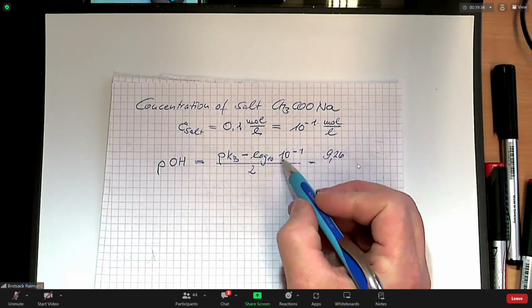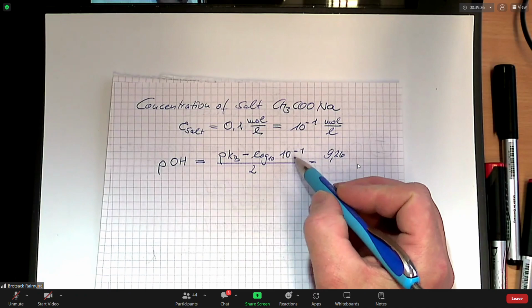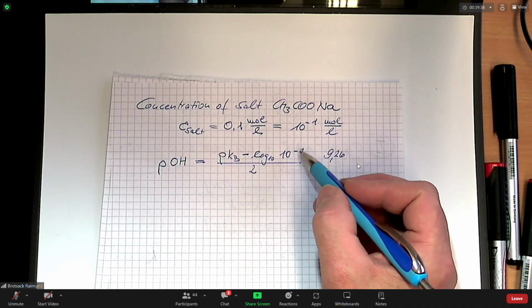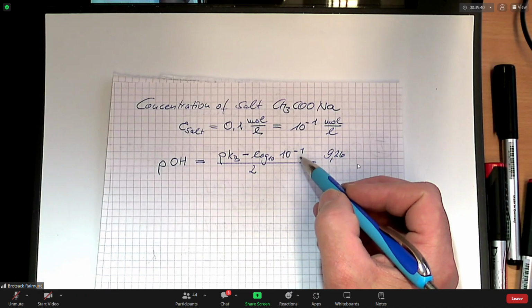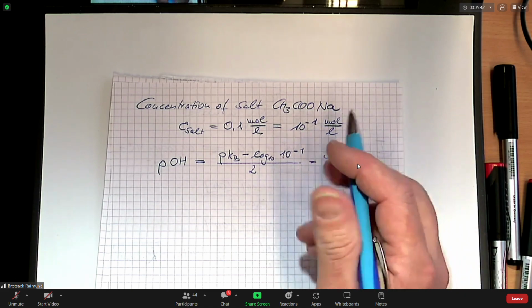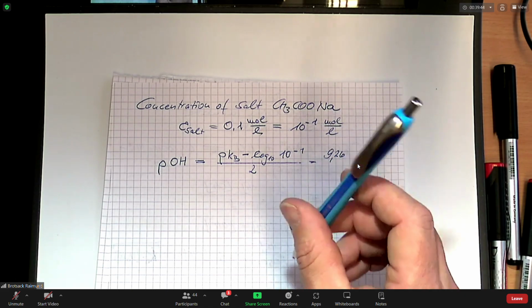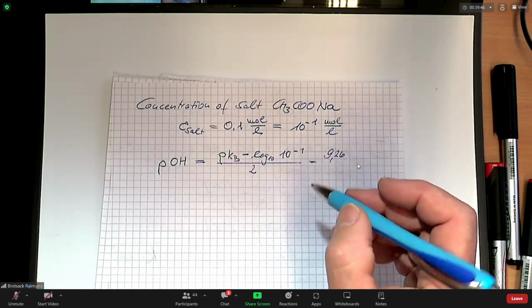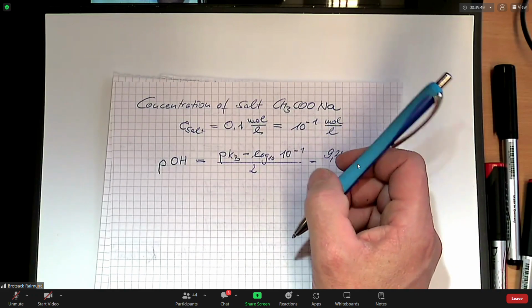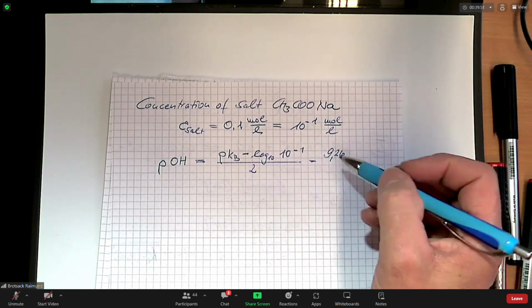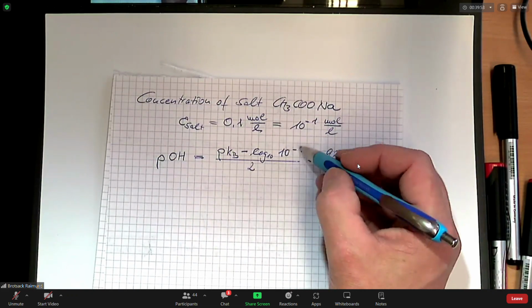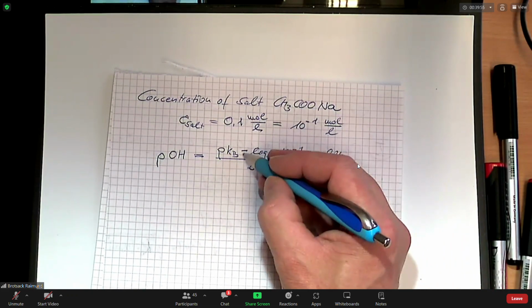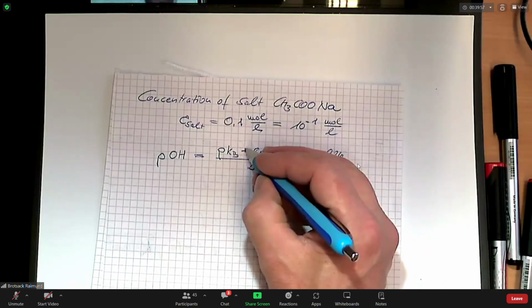9.26. So the negative log to the base 10 of 10 to the power of minus 1, what is it? At the end, it is plus 1. So here we have a plus, sorry, it's a plus 1.